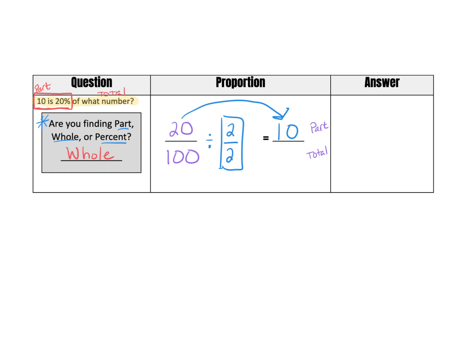And now we can finish up the math and get our mystery number. 100 divided by 2 is 50. So if 10 is 20% of a number, that number would be 50. So I want you to just write 50 over here. That is your answer. And that is how I want you to do the problems on the front side of that worksheet.